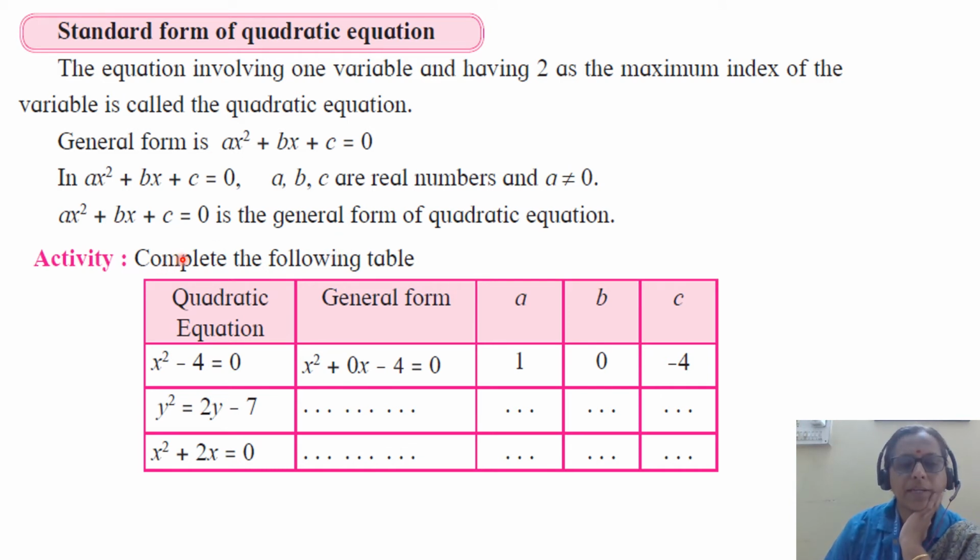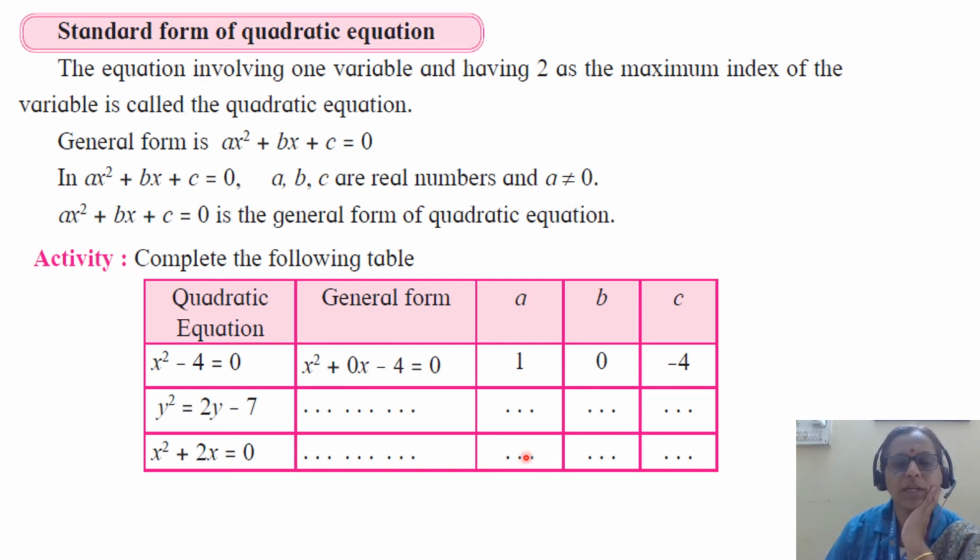Now complete this activity. Where quadratic equation is given, you are supposed to write its general form and then write values of a, b and c. Let us see. x square minus 4 is equal to 0. So general form, x square plus 0x, because the middle term is missing, minus 4 is equal to 0. a is 1, b is 0 and c is minus 4.